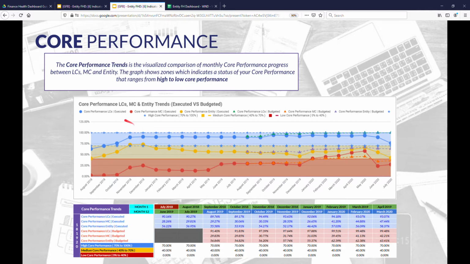The blue dotted line is for LCs, and the equivalent budgeted line is the green dash with triangle points. So there are these targets based on the budget that you want to have. Similar for the red, which is this orange one, and then this yellow dotted line with the violet broken line. So you can see there are those projections here.